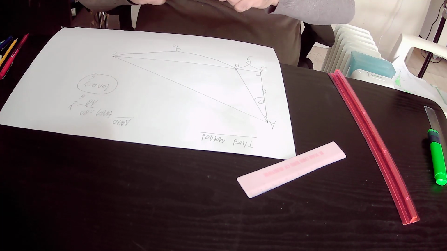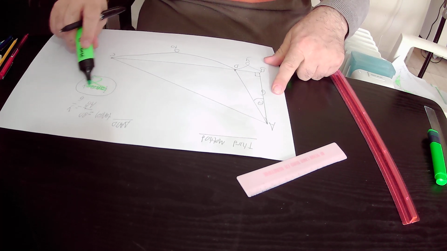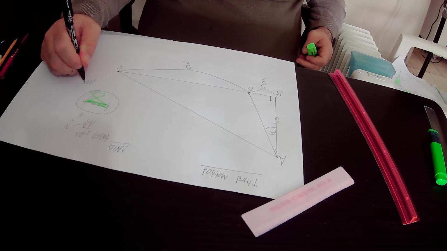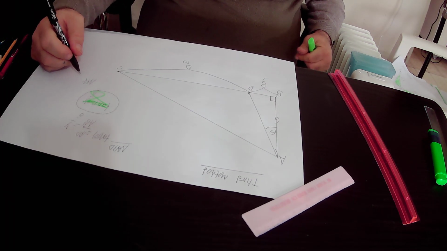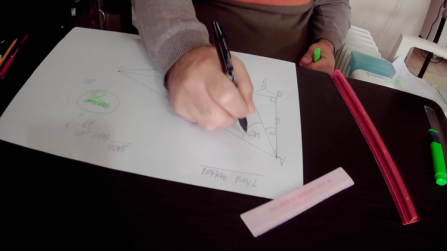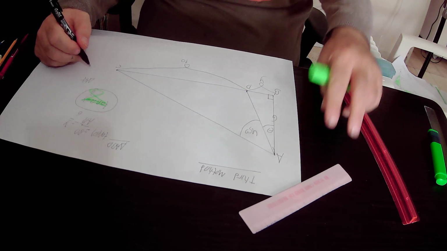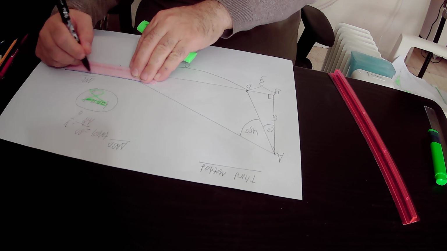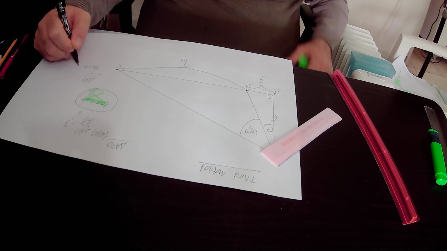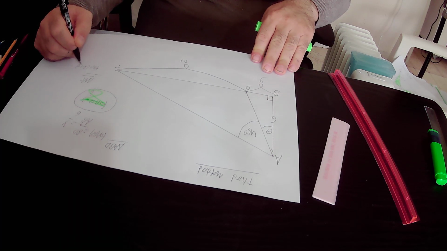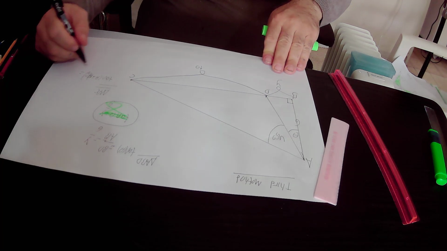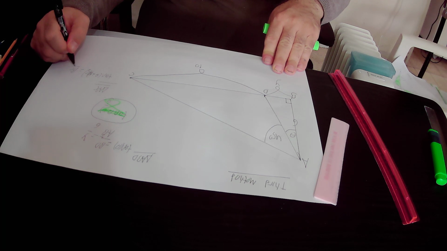In the next step, we will focus on the right big triangle, triangle ABC. In the right big triangle ABC, we know this angle is equal to 45 degrees. It is given in the question. So here, tangent of theta plus 45 degrees in the right triangle ABC is equal to BC over AB.